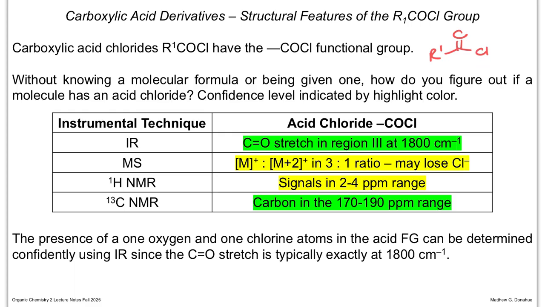Because there's chlorine, the mass spec parent to parent plus 2 should show a 3-to-1 ratio. And then in your proton and carbon, really what you're looking for is the carbonyl sp2 hybridized carbon in that region above 170.